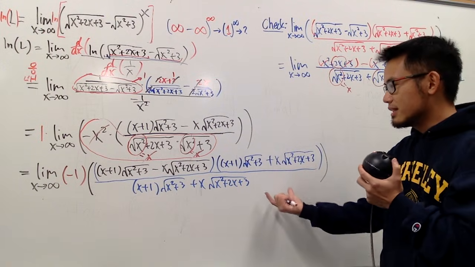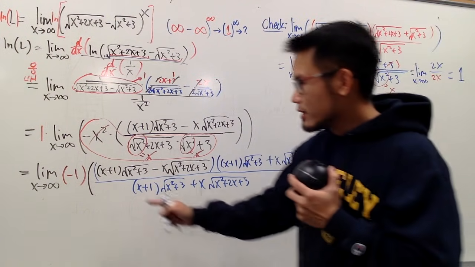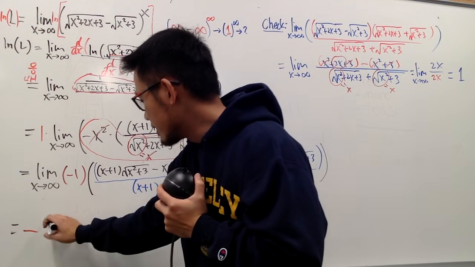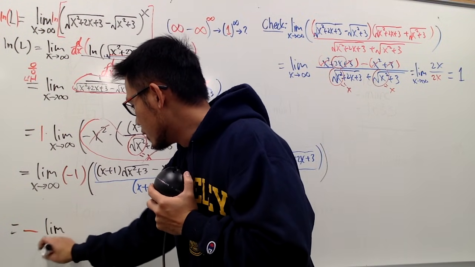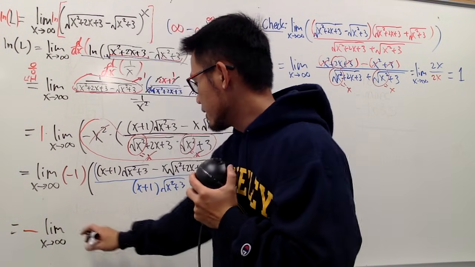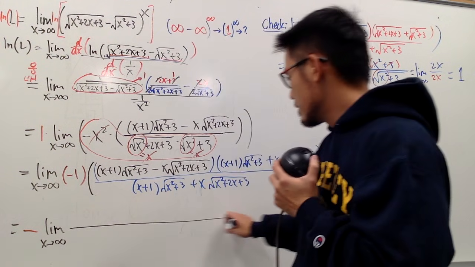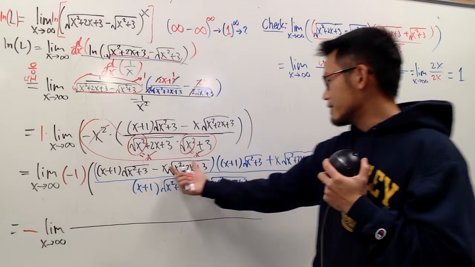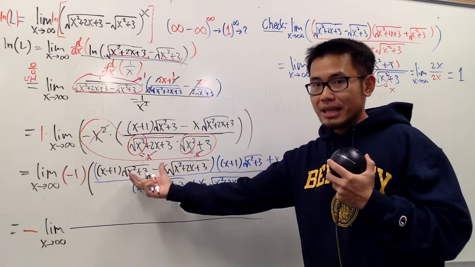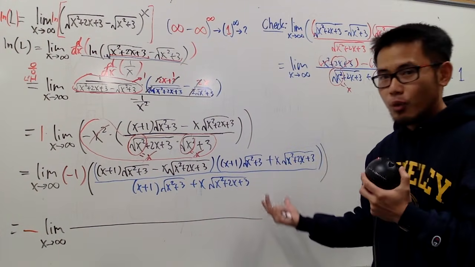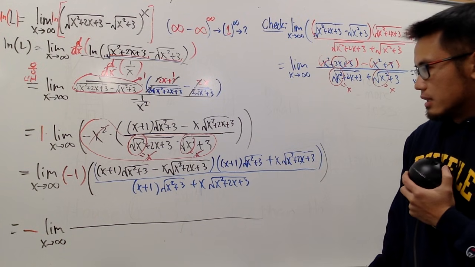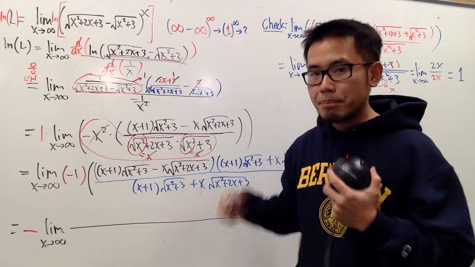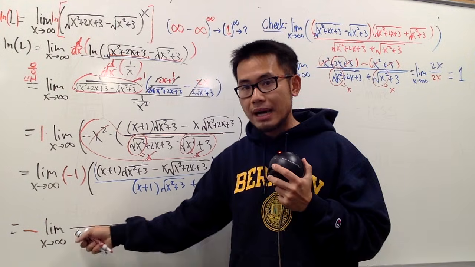So now let's investigate what this is going to be, all right? So let's write this down. Again, this is going to be negative, and let's write down the limit as x goes to infinity, all right? So on the bottom, we have that. On the top, we have the a minus b times a plus b form, right? All right, so let's just multiply out the top. And once again, everything will become positive when x is going to positive infinity, right?